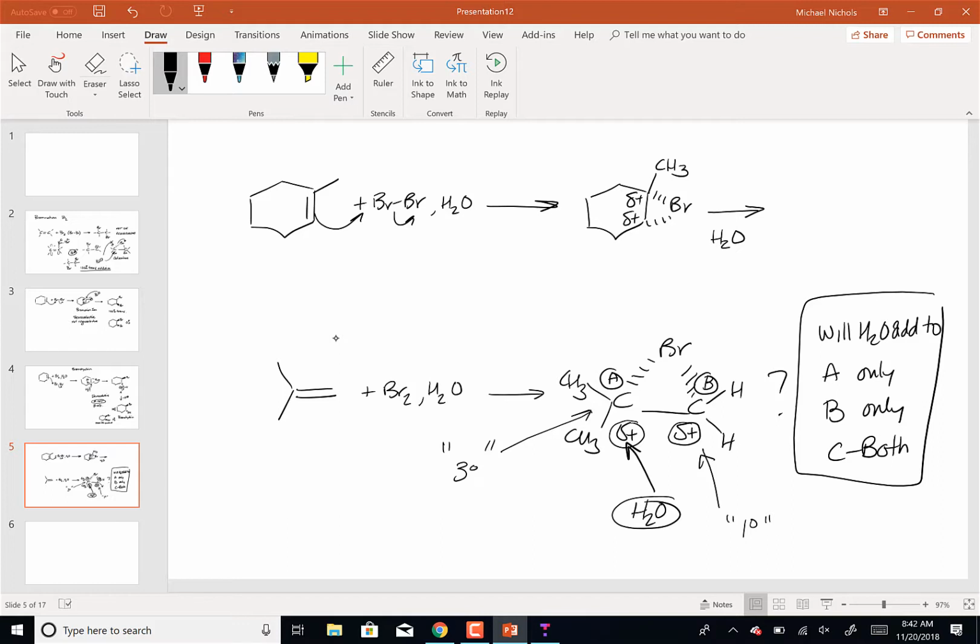If it was a negatively charged nucleophile, you could make the argument that it's going to attack B because it's least sterically hindered. So we're back to kind of SN1, SN2. Neutral nucleophiles can only do SN1.